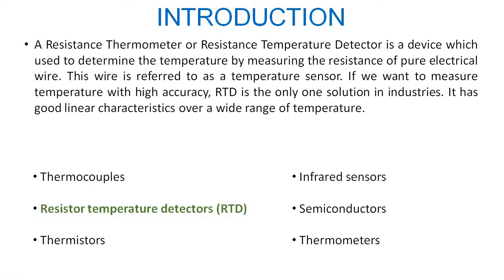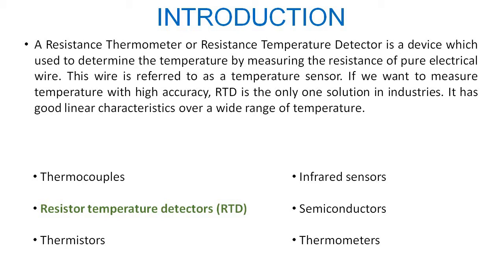The resistance temperature detector works by detecting the change in resistance. It is a device which is used to determine the temperature by measuring the resistance of a pure electrical wire. This wire is referred to as a temperature sensor.